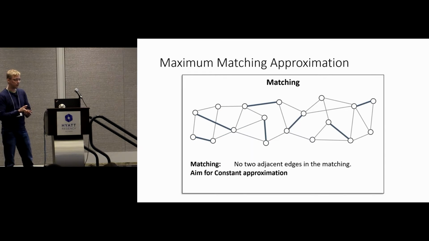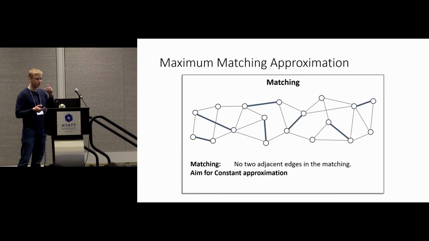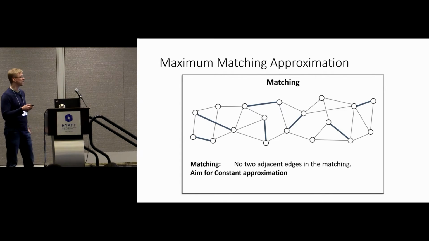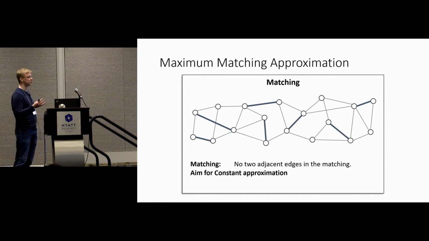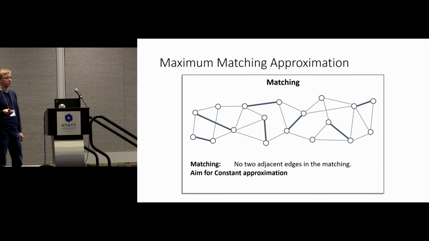And kind of motivated by this, it's good perhaps to think a bit about what the output of the system looks like. So I cannot say that one machine is responsible for eventually saying which edge is in the matching and which one is not.